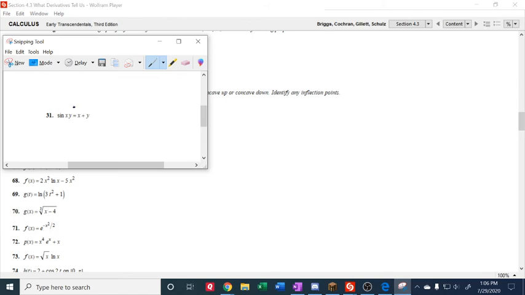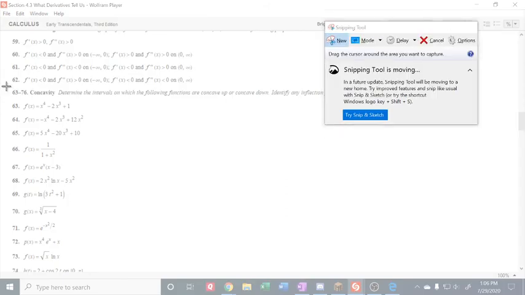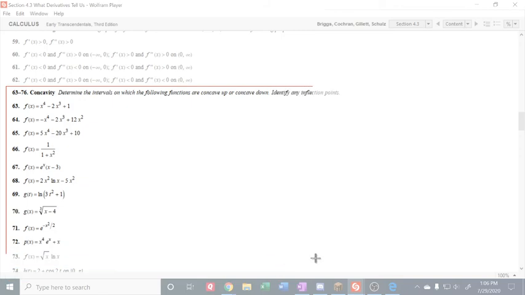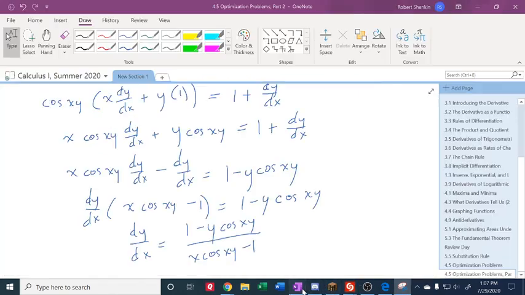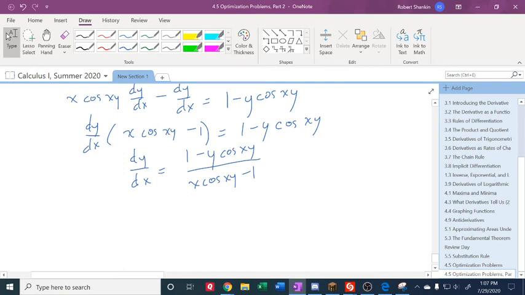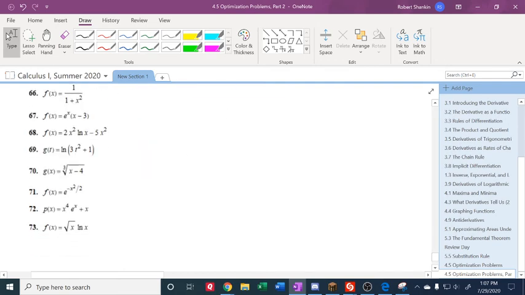And so it's this one. So for the intervals of concavity, we're going to need to just focus on the second derivative.